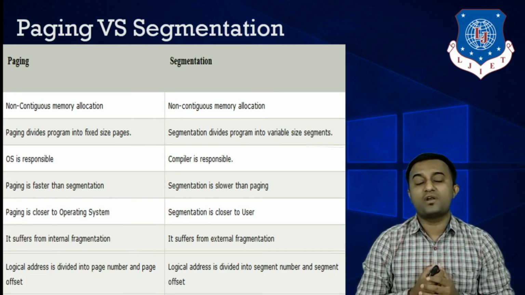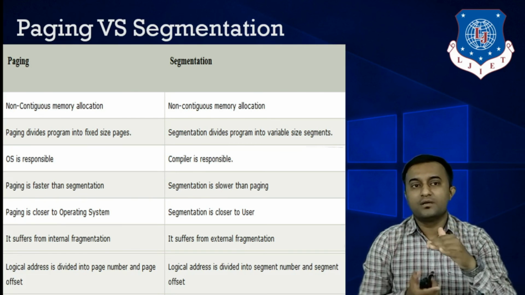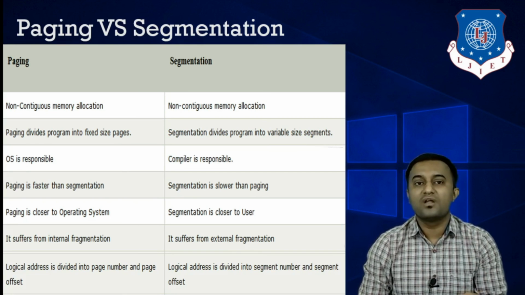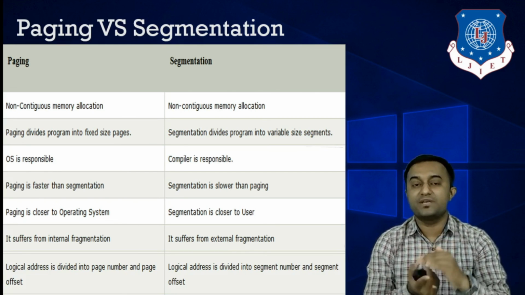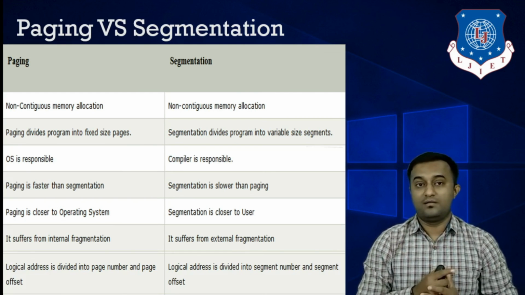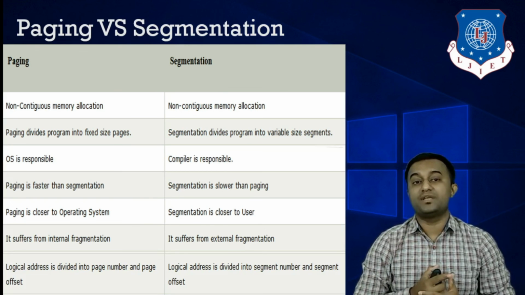The second difference is, as I told you, in the case of paging, the partitioning would be performed by the operating system itself. But in the case of segmentation, it would be performed by the compiler. It means user intervention is required in the case of segmentation.